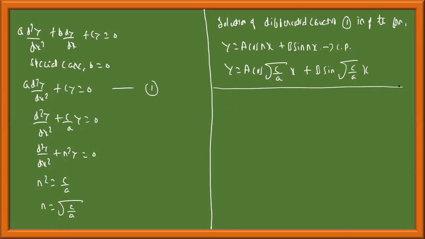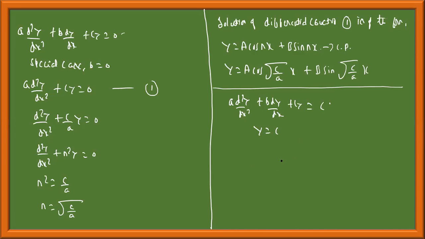I'll explain this with an example. Let me take the case a d²y/dx² + b dy/dx + cy not equal to 0, but equal to some function, say some constant c. The earlier one is a homogeneous equation, and this is a non-homogeneous equation. For the time being, I'll assume y = c.